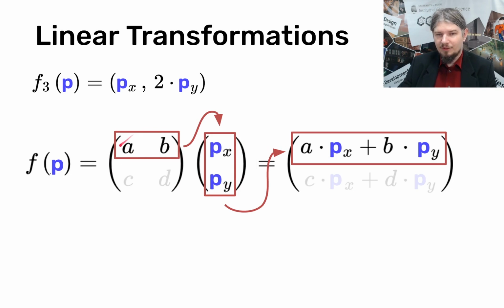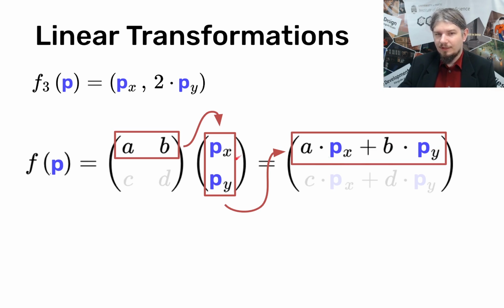So we take the first row and this entire column, and we make a linear combination out of these. And this will be the first element of the result, the first row of the result. So we take a times px, and we add b times py. And this is going to be the first coordinate of the result.